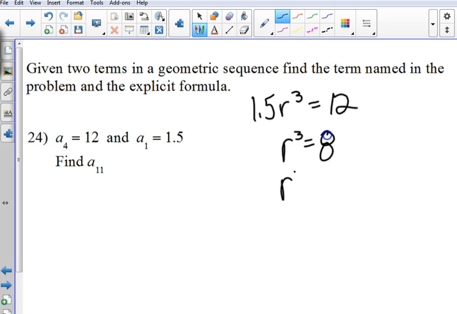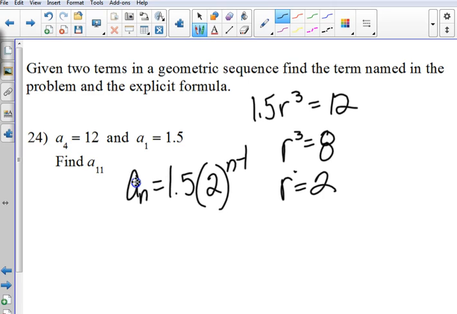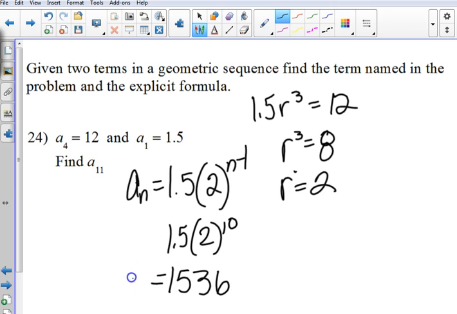What's r again? Okay. So a sub n equals 1.5 times 2 to the n minus 1. We're going to put in an 11. So we get 10 times 1024 is 1536. Again, we had that number earlier. We had a negative 1536, yes.